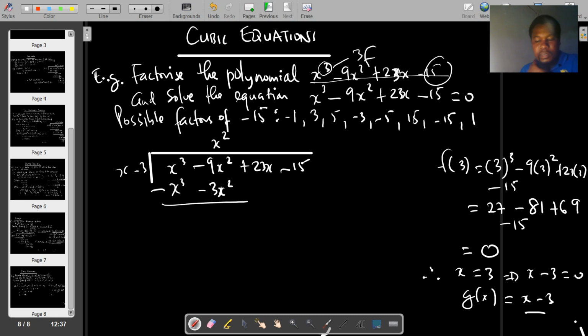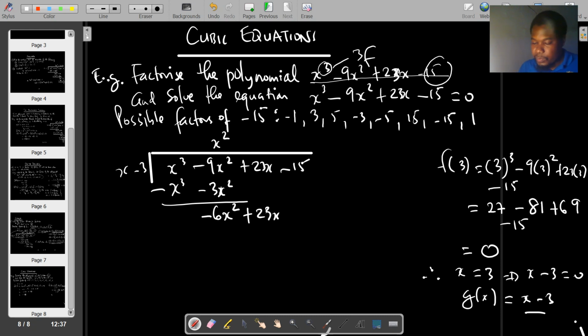Okay, so x to the power 3 minus x to the power 3 is 0. Negative 9x squared minus 3x squared gives us negative 6x squared, okay, and then plus 23x.